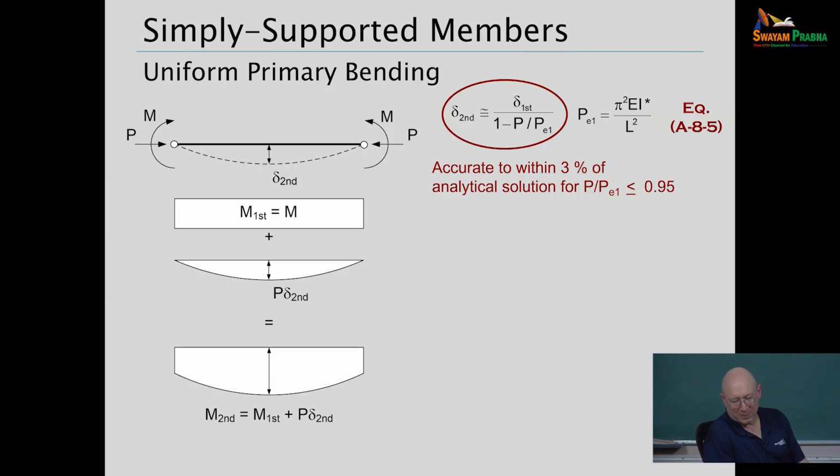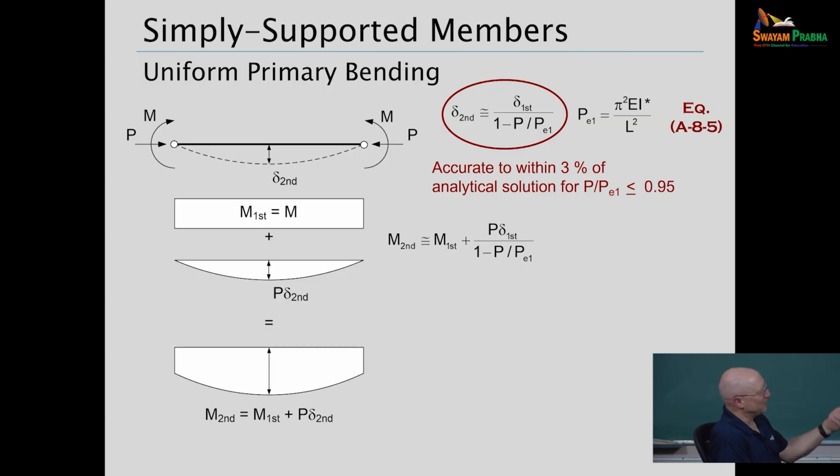If we consider even up to 95% of the Euler load, we're within 3% accuracy here in this particular case, and that's a generally accurate approximation for displacements or a number of other situations as well. So now, fairly basic manipulations here. We need the second order moment. Well, it's the first order moment plus P times the second order deflection.